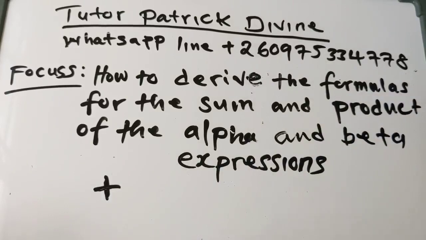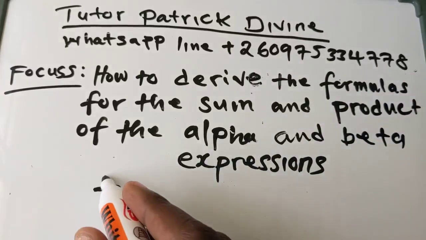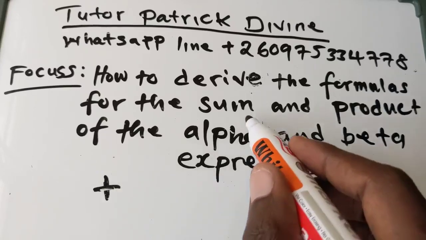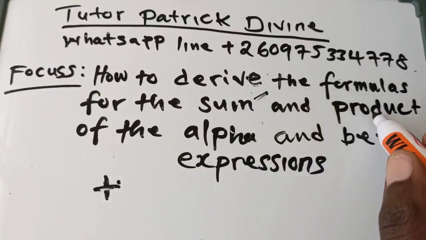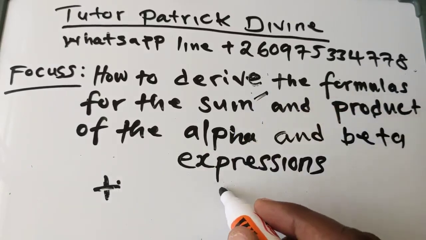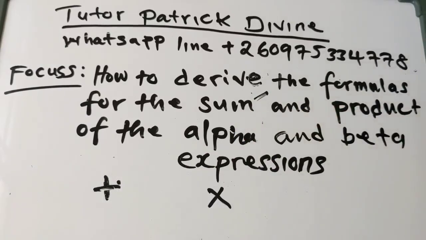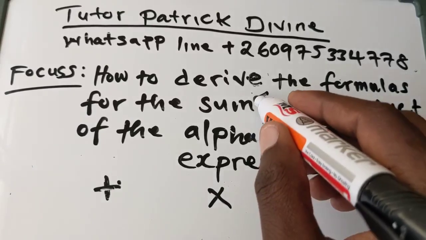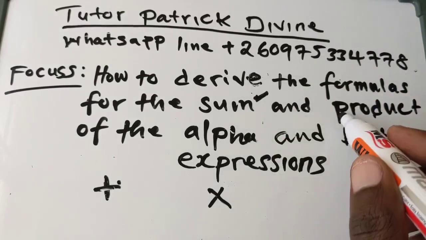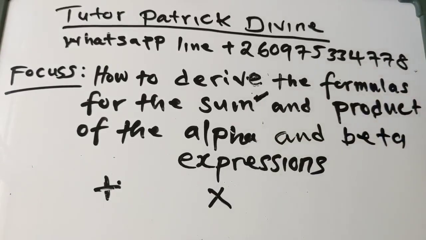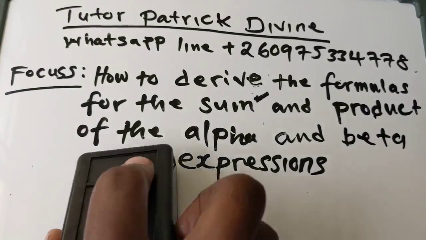Then the product is multiplication. So this is what you need to know: the sum is addition, and the product is multiplication. Okay, so now how do these formulas look?